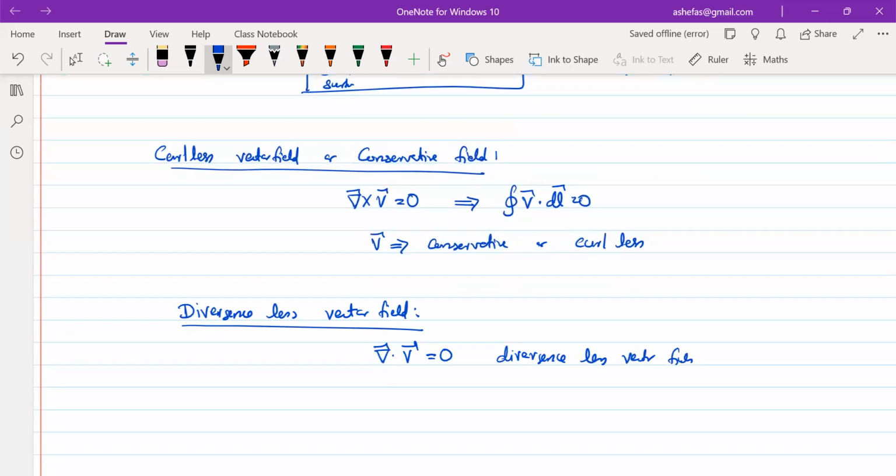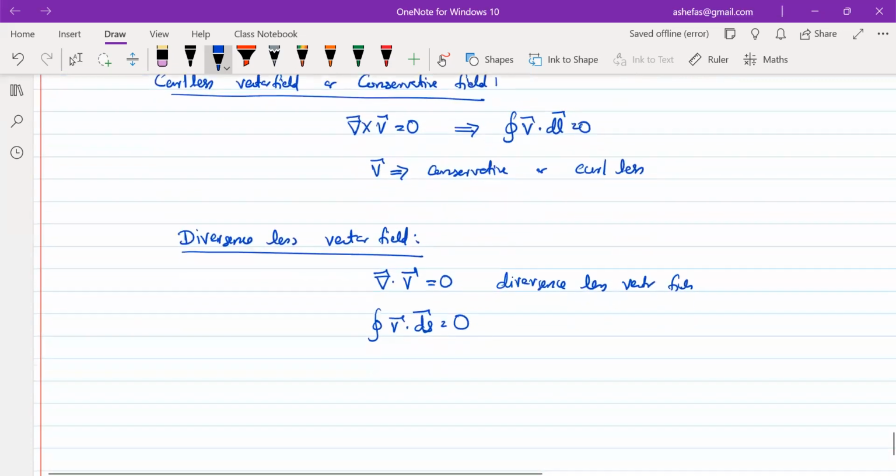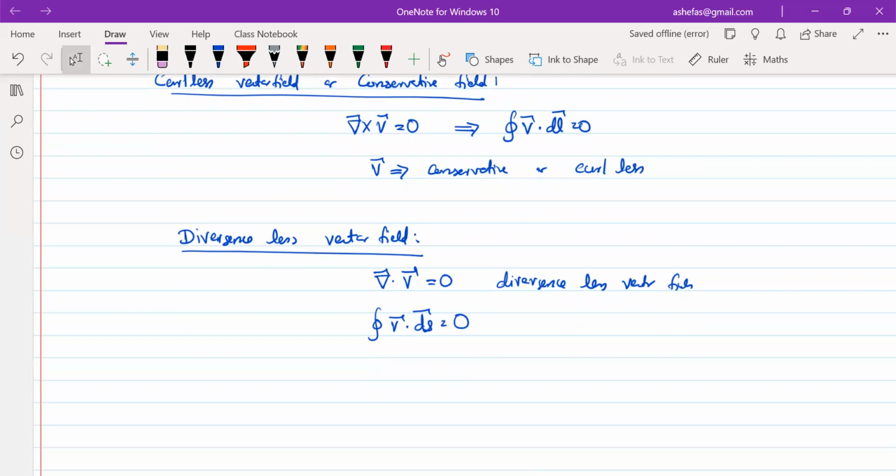So if del dot V equal to 0, then what would be the flux? V dot dS is 0. There will not be any flux for such a vector field. The divergence-less vector field is also known as the solenoidal field.